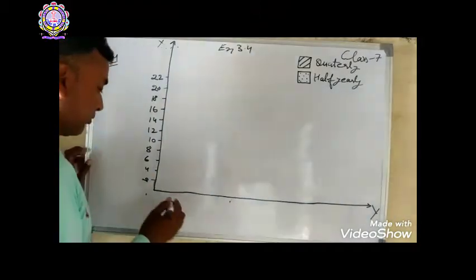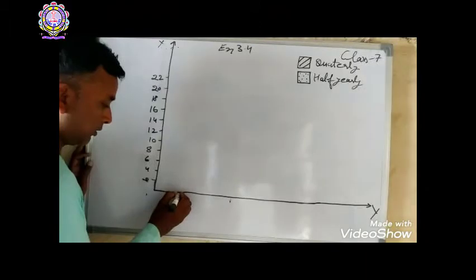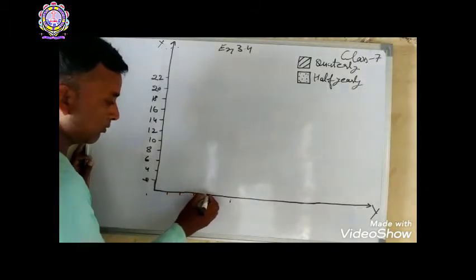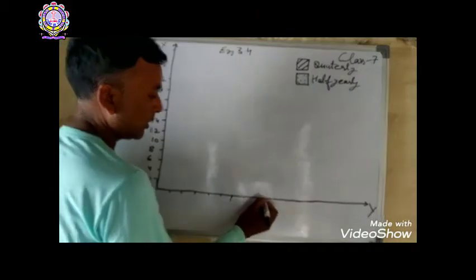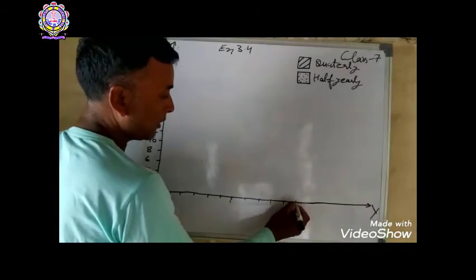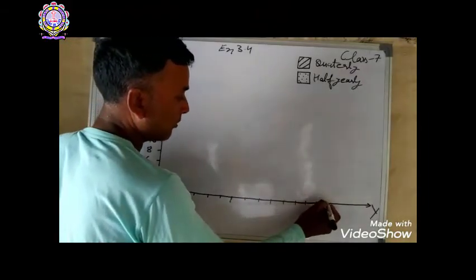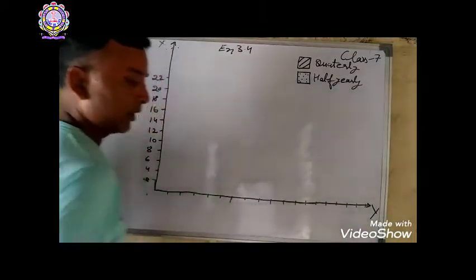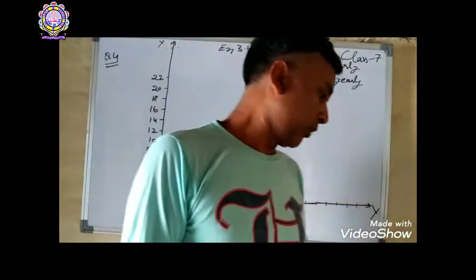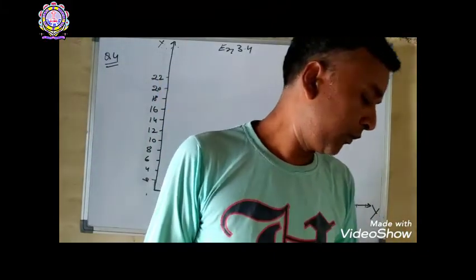And for the double bar graph, 1, 2, 3, 4, 5, 6, 7, 8, 9, 10, 11, 12, 13, 14, 15, 16, 17, 18. How many students are there? 1, 2, 3, 4, 5 students.